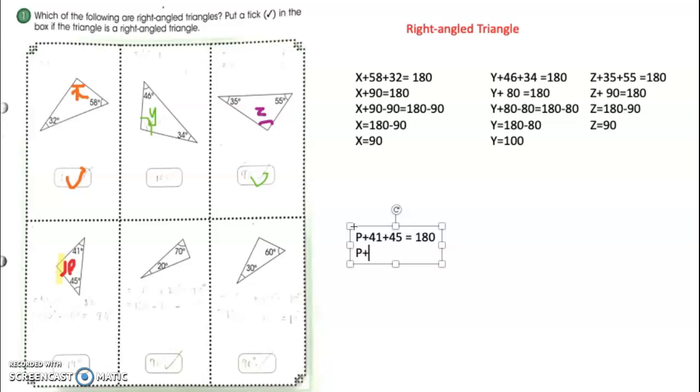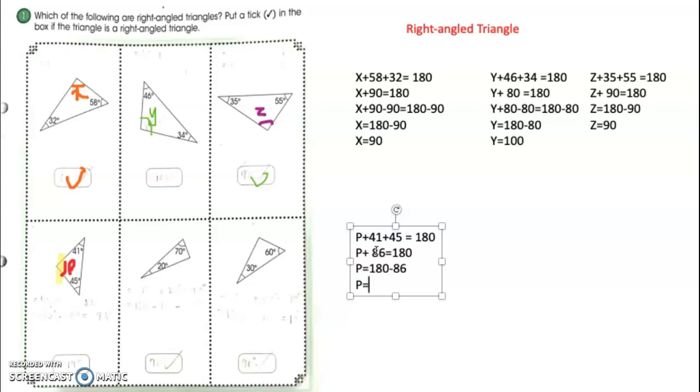P plus, so how much is it when you add them, that is 41 plus 45, right? 86. 86 is equal to 180. So P is equal to 180 minus 86, which is equal to how much?